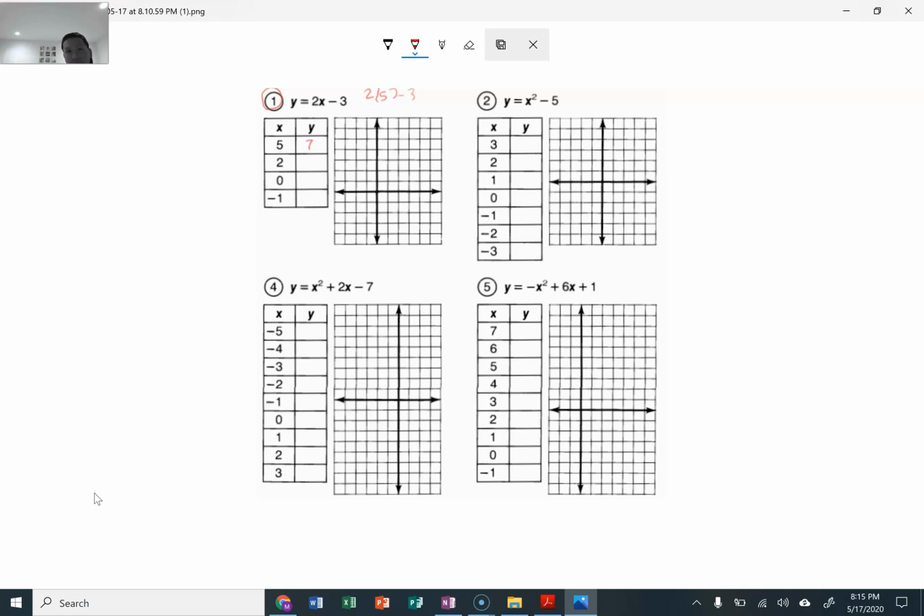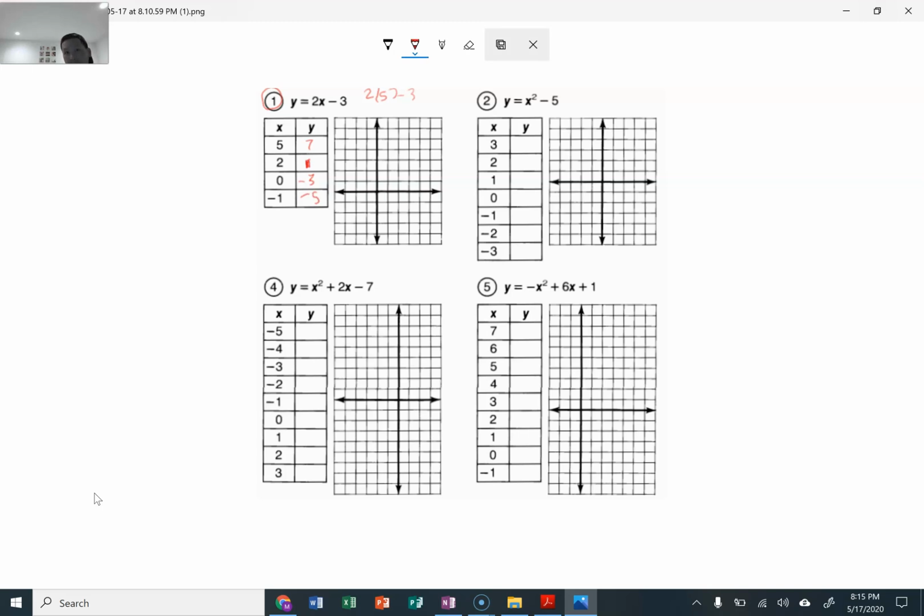Same thing with 2: 2 times 2 is 4, minus 3, that's 1. Then 0: 2 times 0 is 0, minus 3, that's -3. The last one, -1: 2 times -1 is -2, minus 3, that's -5.